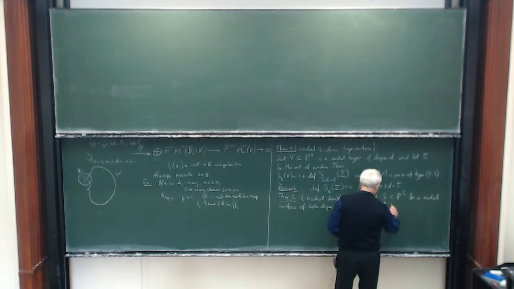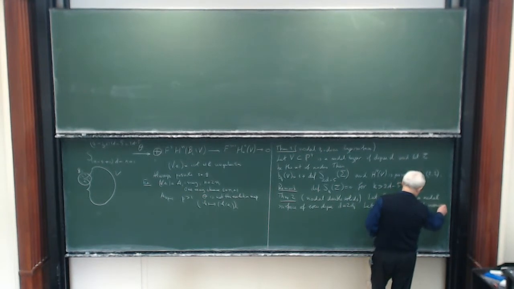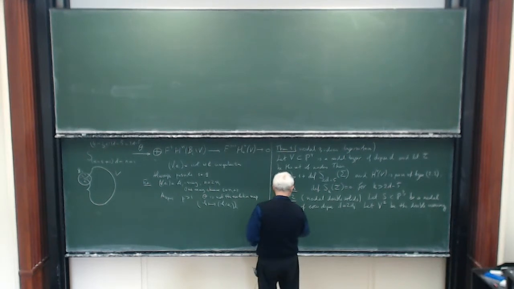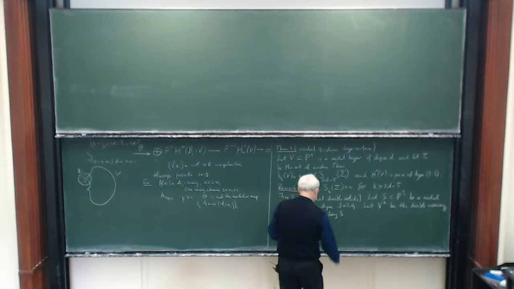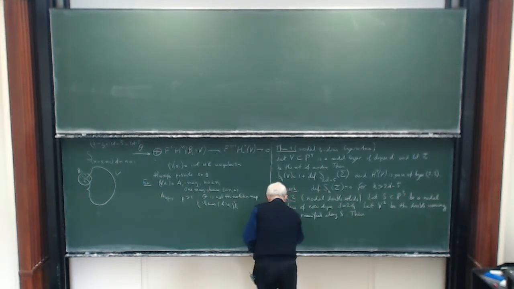Let V2 be the double covering of P3 ramified along S. Then we can compute the Betti number of this double covering by a similar formula.